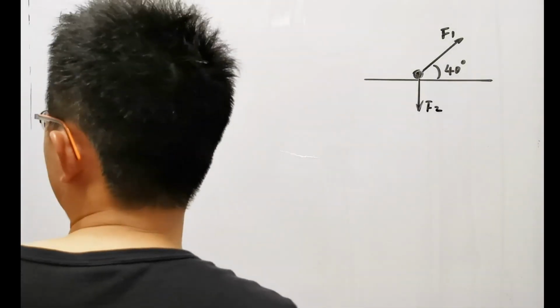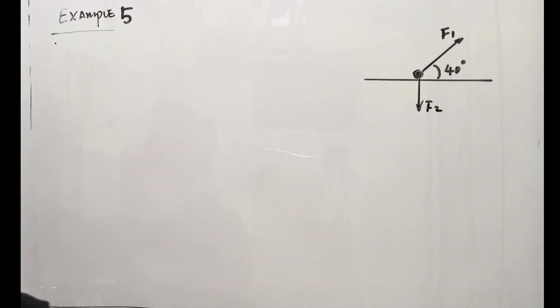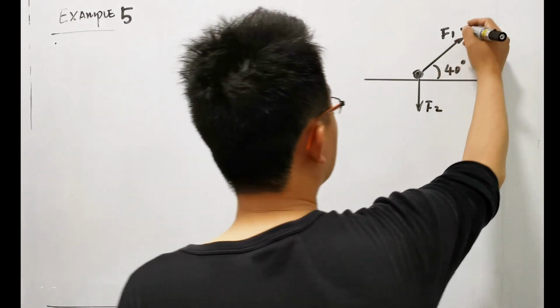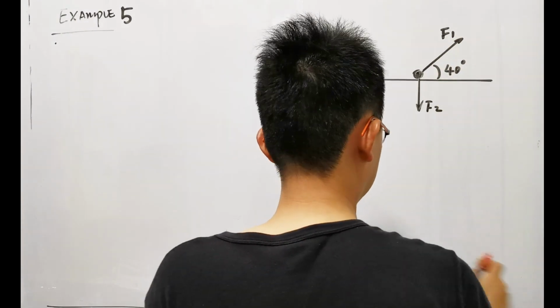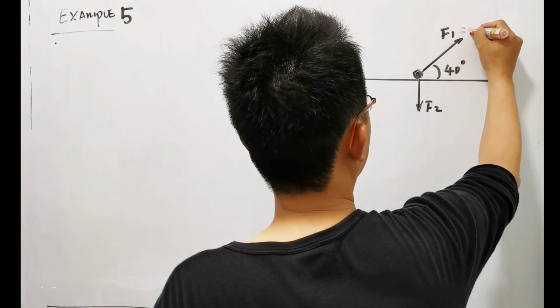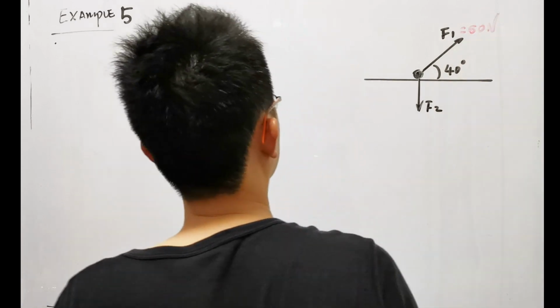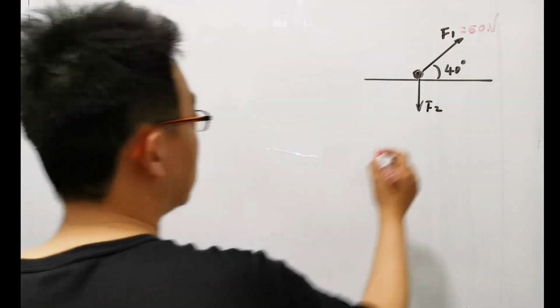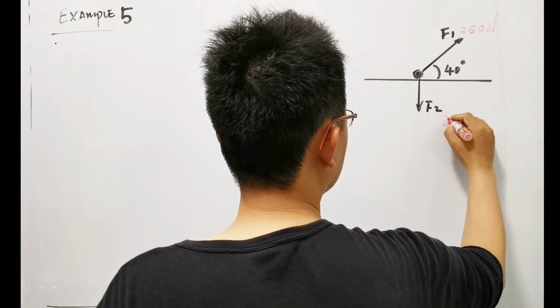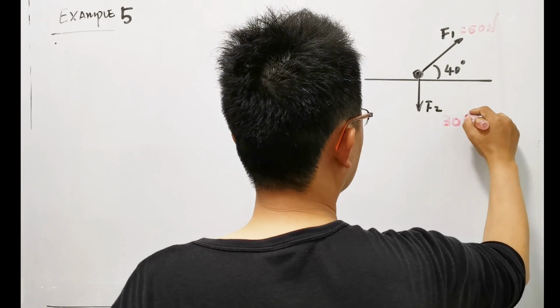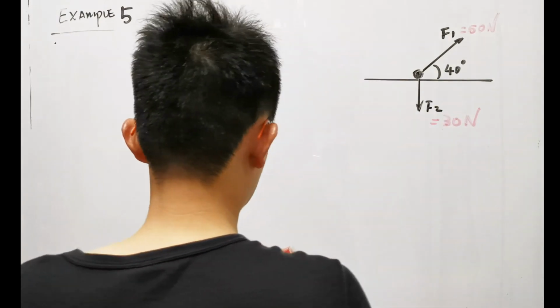We also know F1 equals 50 Newtons, and the other one is 30 Newtons.